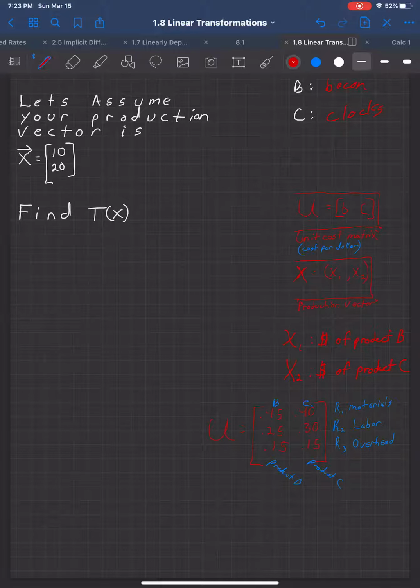Now, let's assume your production vector is the following. There is your production vector: 10, 20. Now we're going to find T of x, and then come back and understand what this just did for you.